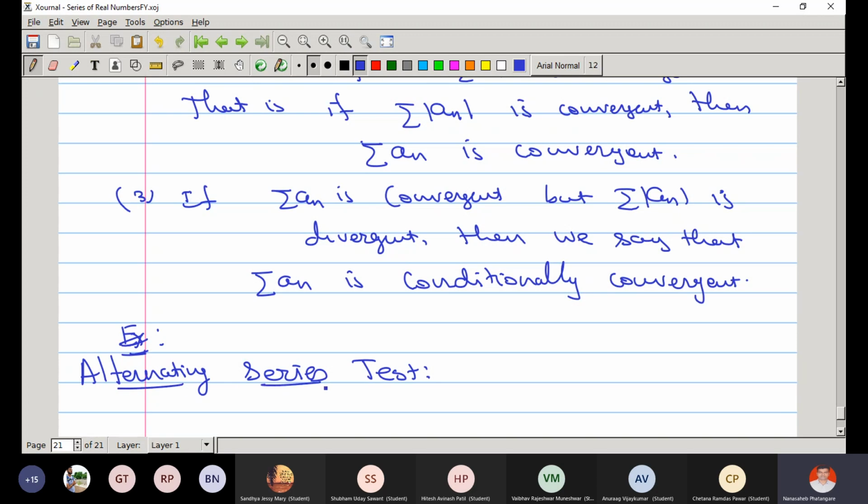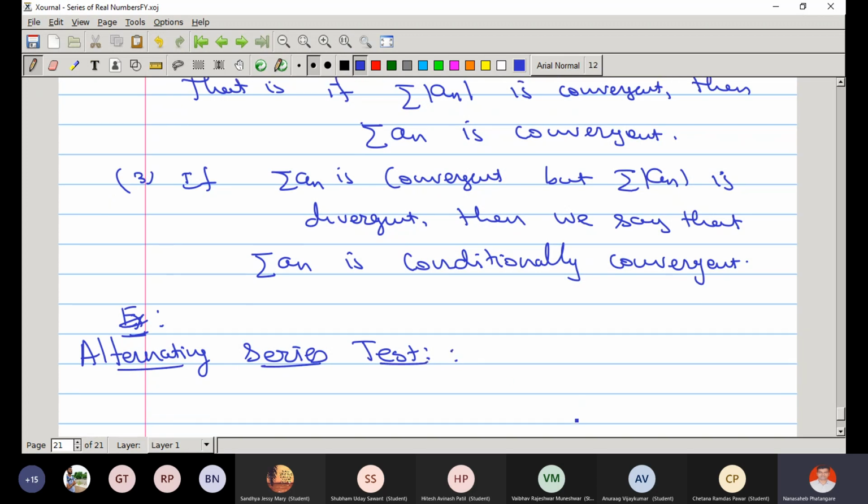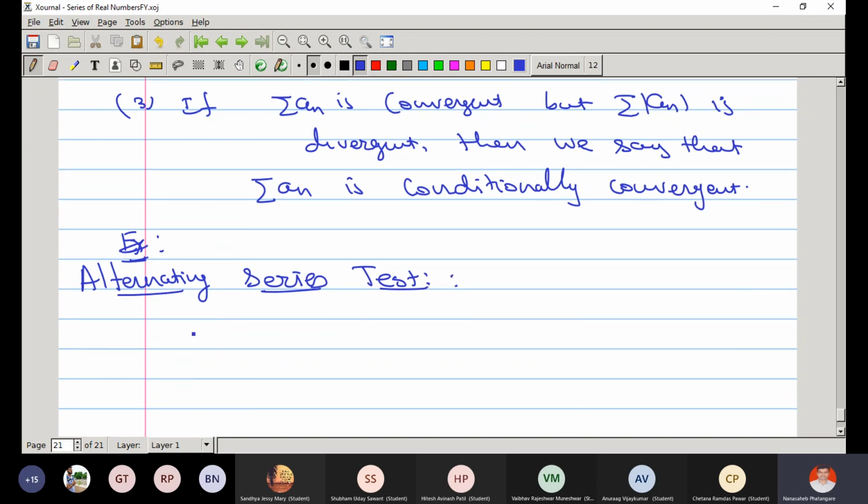So what is the alternating series test? Let me state it in a simple way.